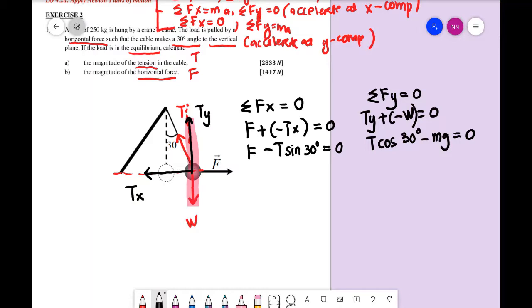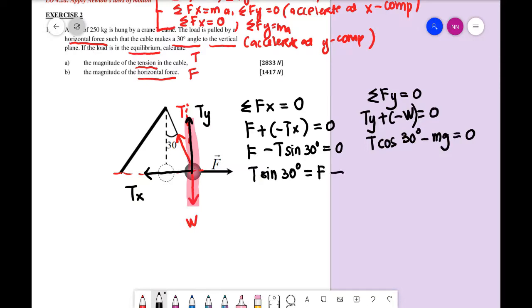So now we have two equations with two unknowns. Alright, the rest is mathematics. Okay, so maybe we can divide these two equations. For our equation 1, maybe we can let T sin 30 degree be the subject.